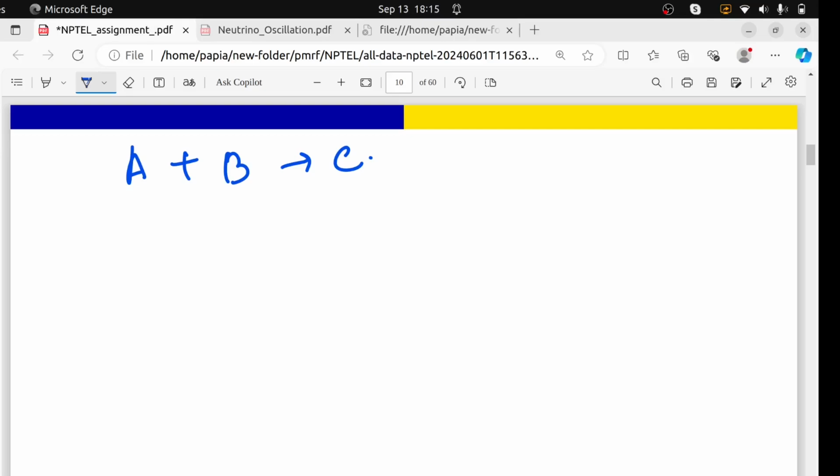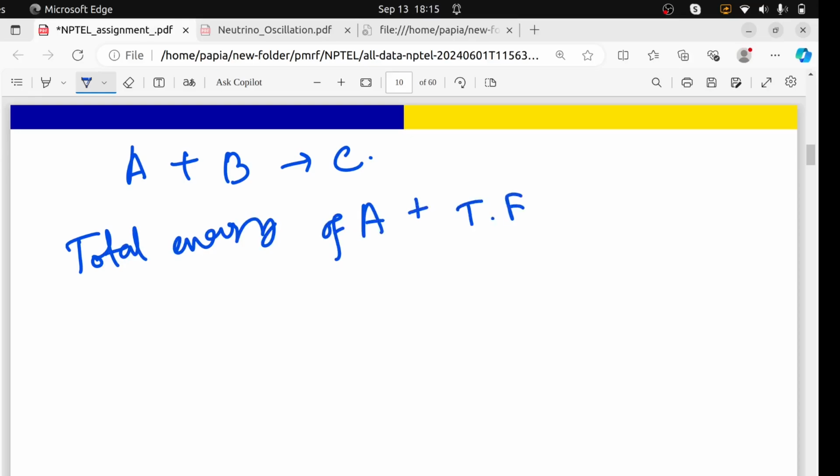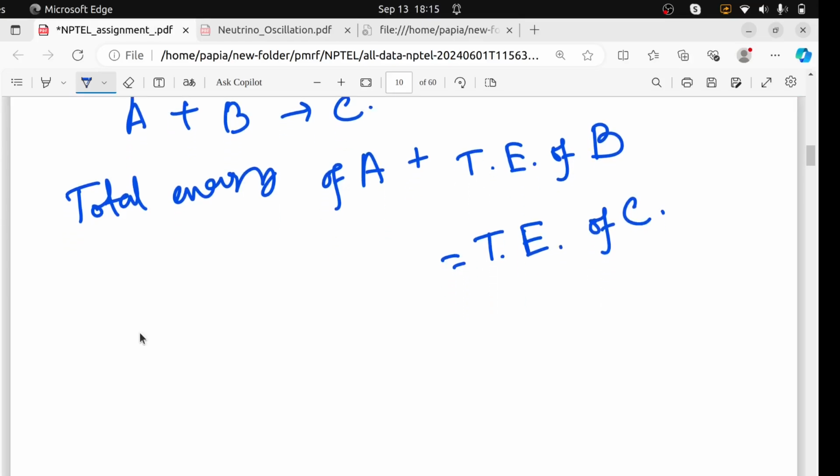So for this case also we will just focus on the total energy. Total energy of A plus total energy of B should be equal to total energy of C.